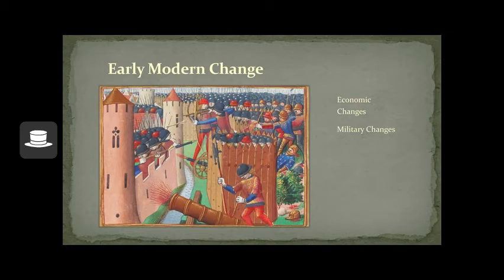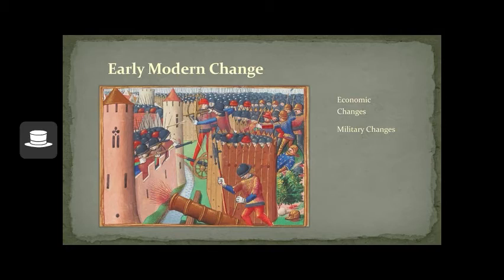Cannons made castles obsolete. All right? Castle walls were of little use against sustained cannon fire. And so cannons were going to change the face of war in that regard.